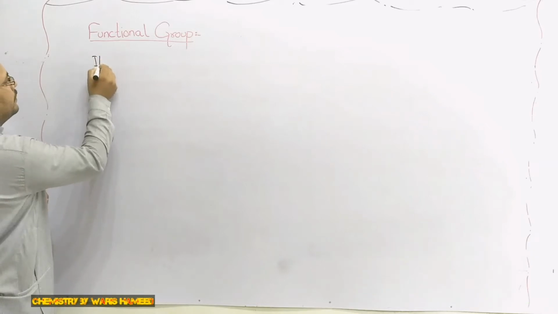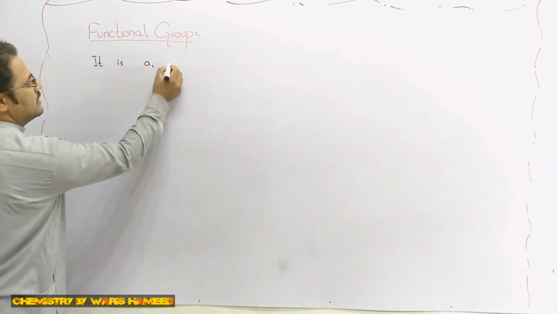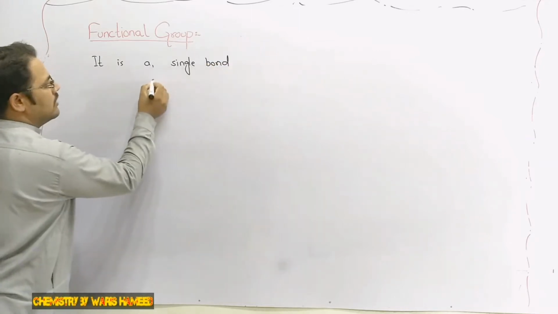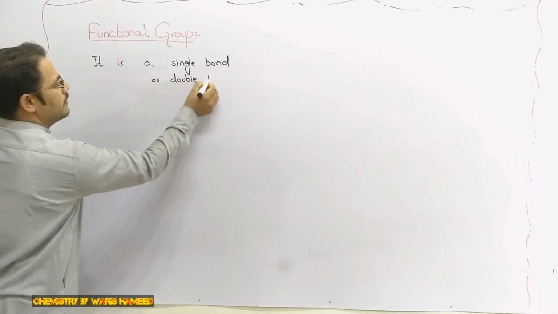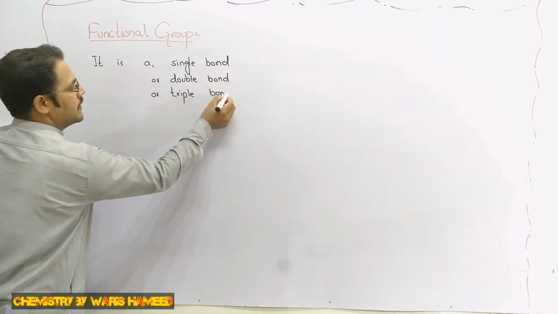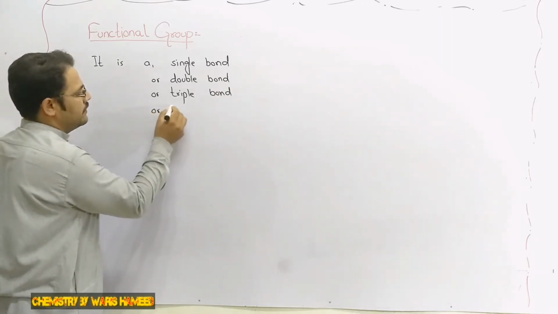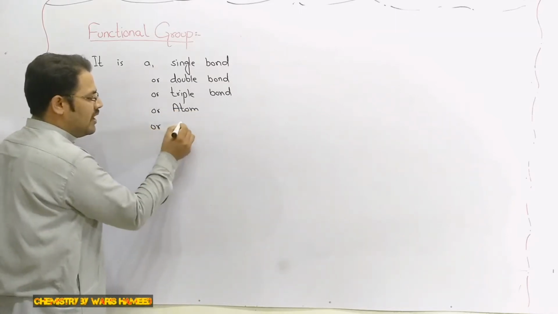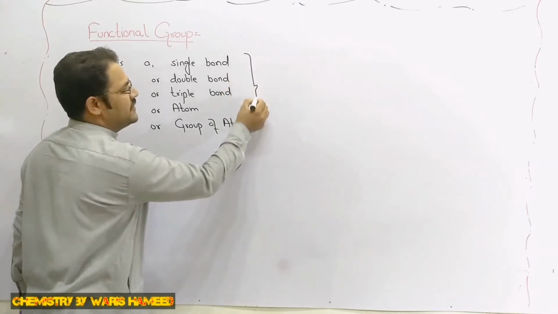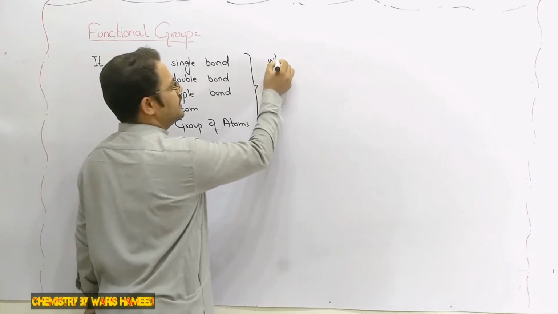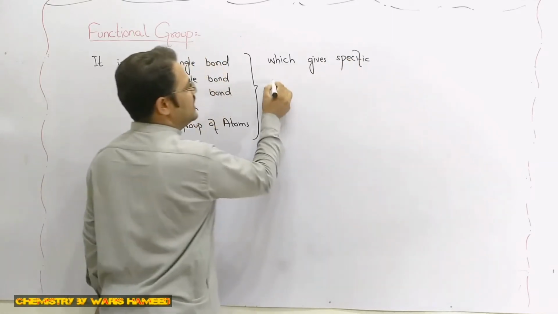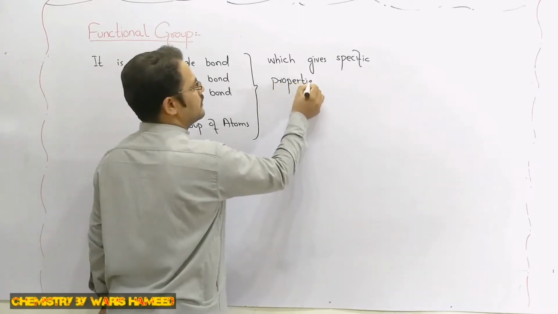A functional group is a single bond, or a double bond, or it may be a triple bond, or it may be an atom, or it may be a group of atoms which gives specific properties to a molecule.